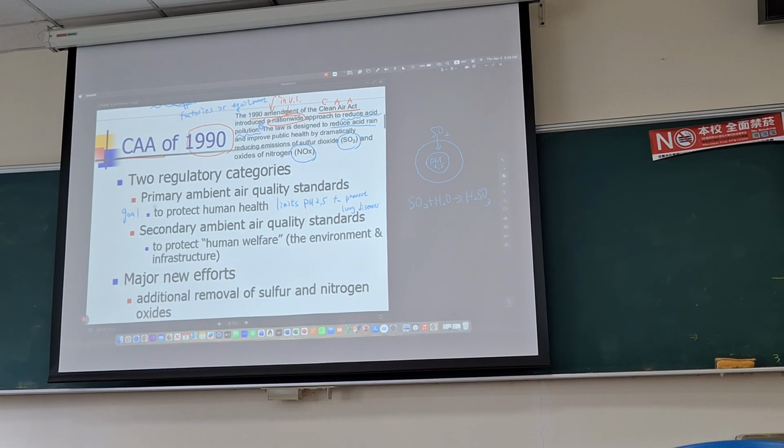So the goal for the primary standard is to protect human health.